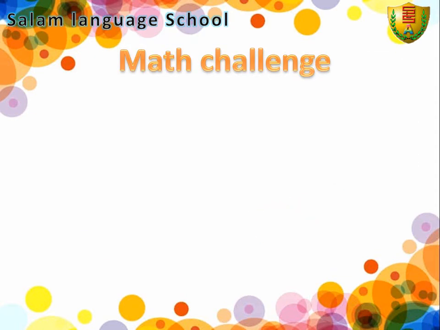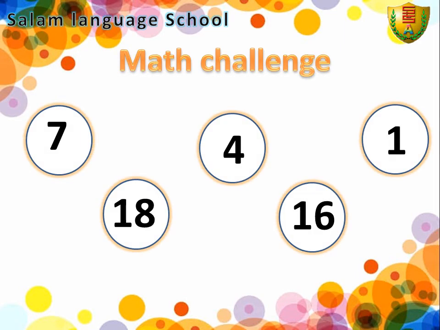Math challenge. Let's play the circle up and circle down again. The 7 goes to 18. This means it's become bigger. We add 11. The number 18 goes to 4.